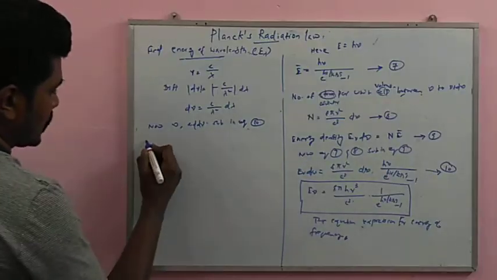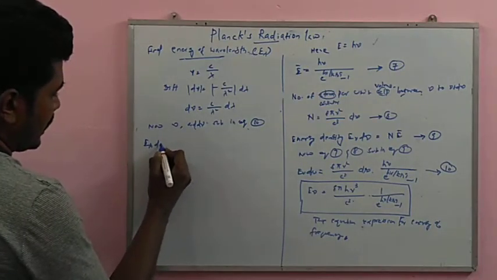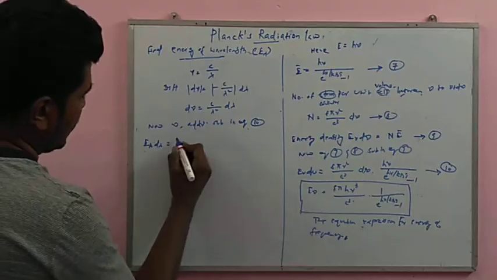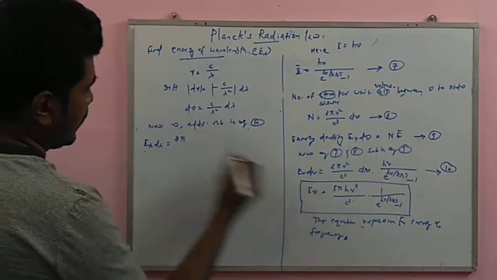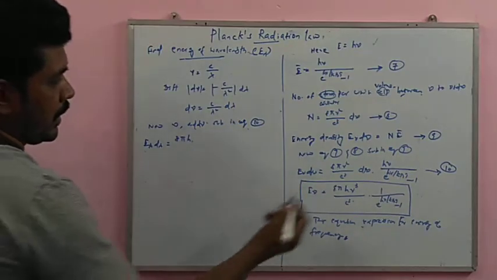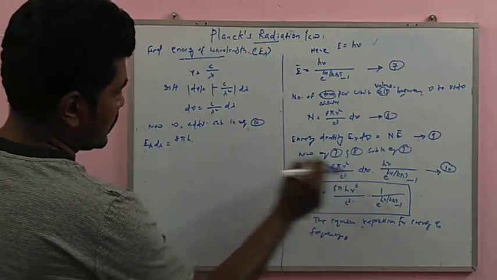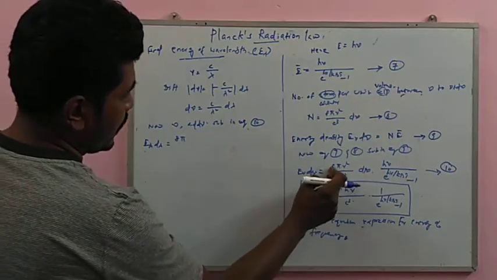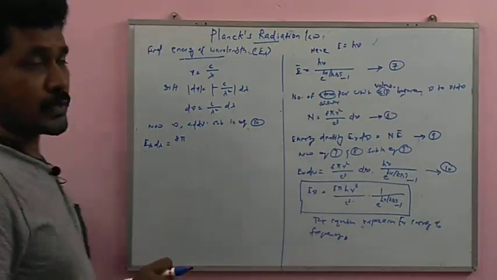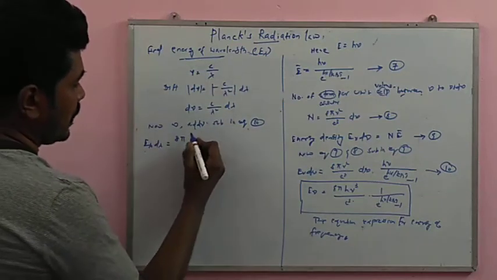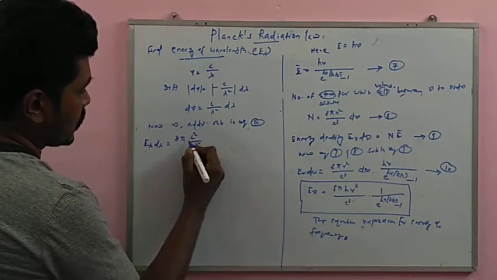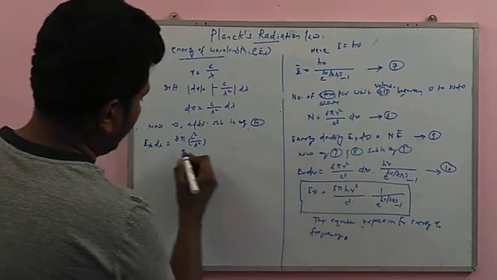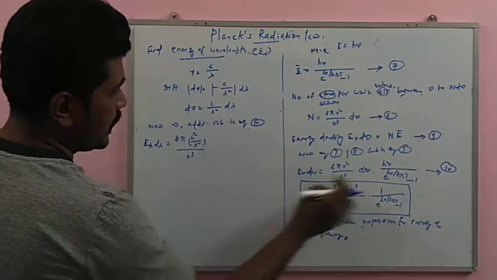So E lambda d lambda is equal to 8 pi mu square, and since mu is equal to c by lambda, that is c square by lambda squared, divided by c cube into d mu.